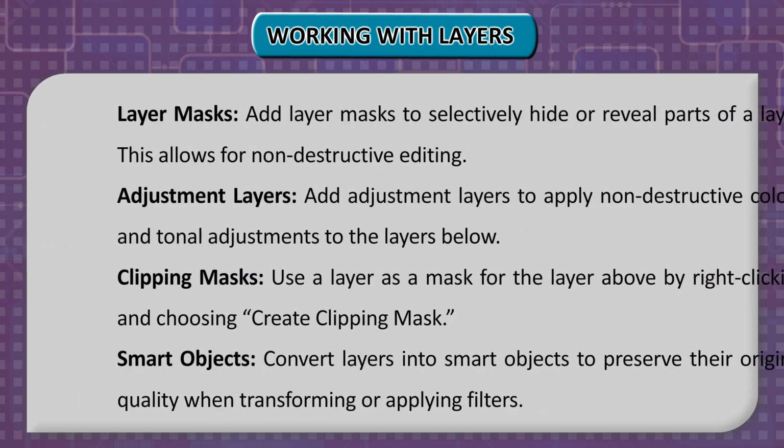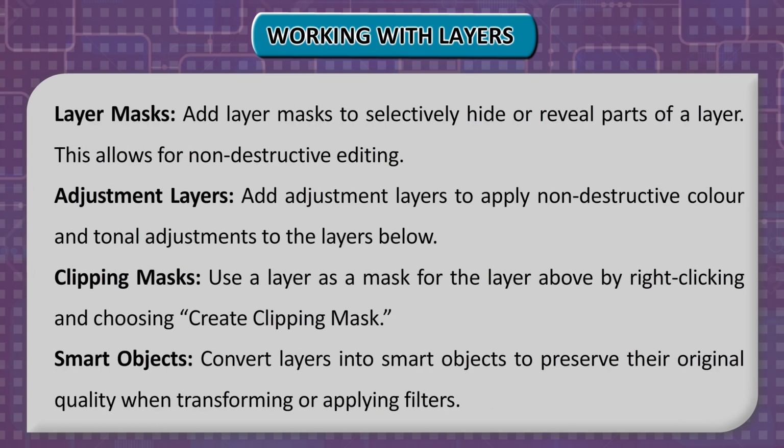Layer masks. Add layer masks to selectively hide or reveal parts of a layer. This allows for non-destructive editing. Adjustment layers. Add adjustment layers to apply non-destructive color and tonal adjustments to the layers below. Clipping masks.